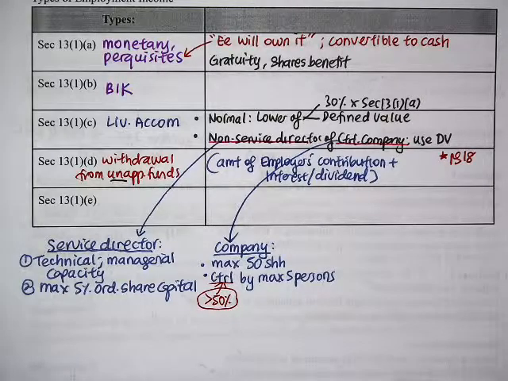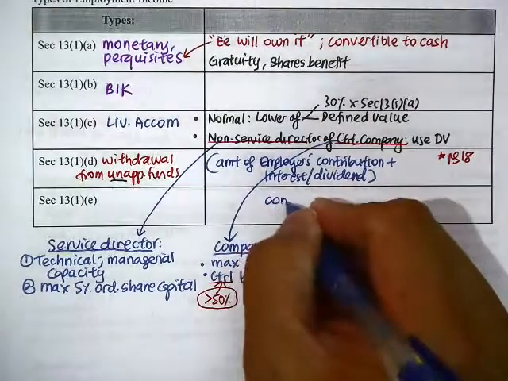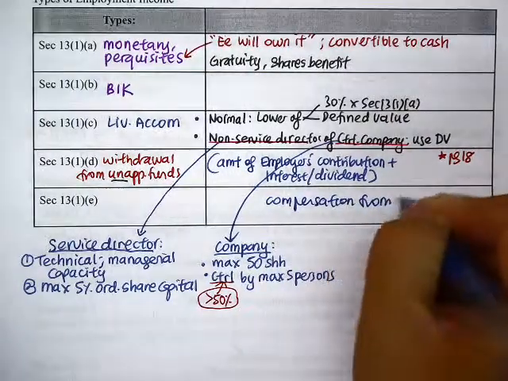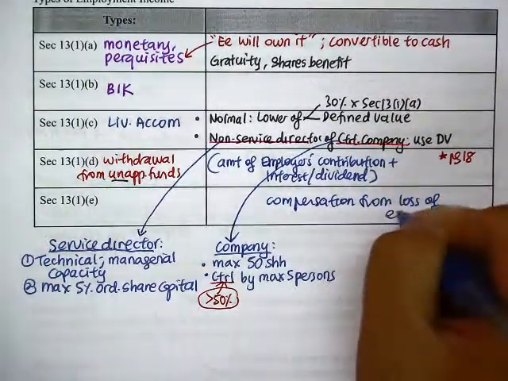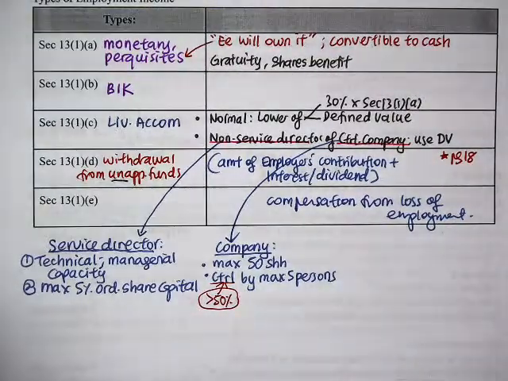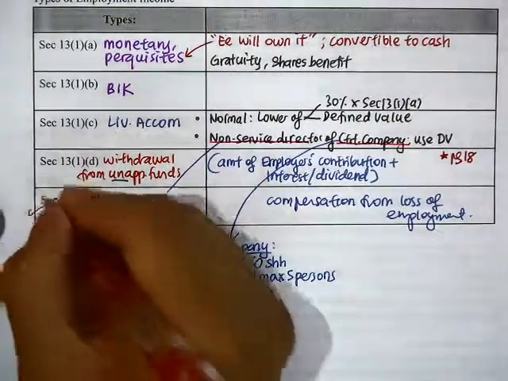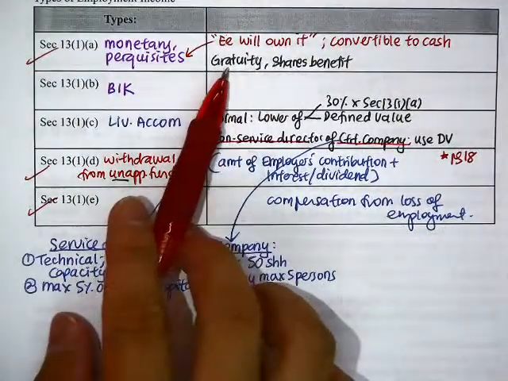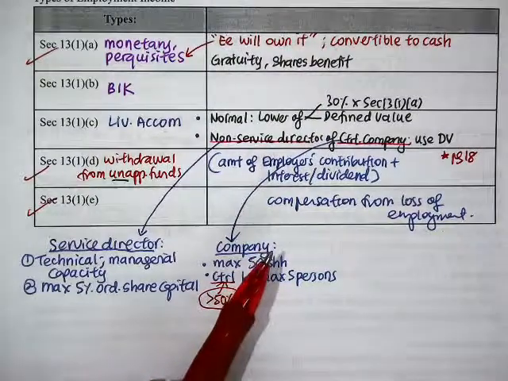Okay. Now 13(1)(e) is for cases to do with compensation for loss of employment. Now, the ones that they have in P6 are this, and then ESOS, gratuity. Alright, so these are the P6 syllabus.